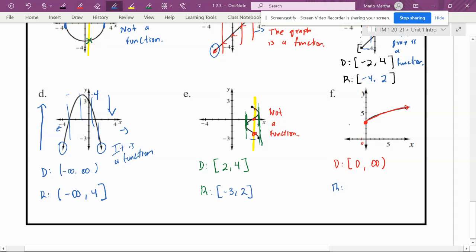Now, if you notice, there's nothing lower than positive 3 here. So we would also say positive 3, close bracket. And then in this case, this graph is increasing. It never stops going up. It goes slowly up, but it goes up. So that would be positive infinity. And then if you draw a vertical line, you'll notice that in this case, this is a function.